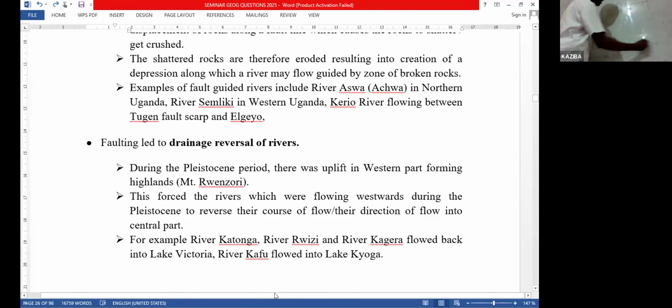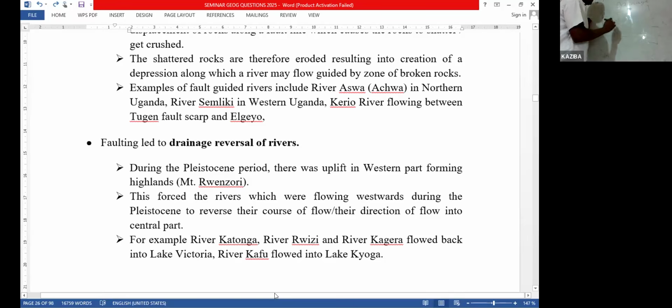Let's say this is our Uganda. It was said that a long time ago, the whole of Uganda was flat, and you had rivers flowing westwards into Congo.